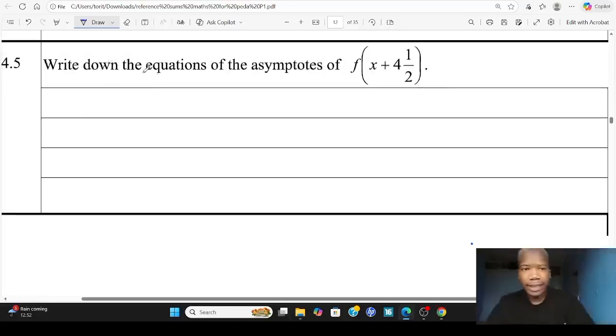So it says write down the equations of the asymptotes of f of x plus 4 plus 1 over 2. So we know that this is still the same as 4 plus 1 over 2, right? It's 4 plus 1 over 2, not 4 multiplied by 1 over 2. Okay, so let us go, f of x plus 4.